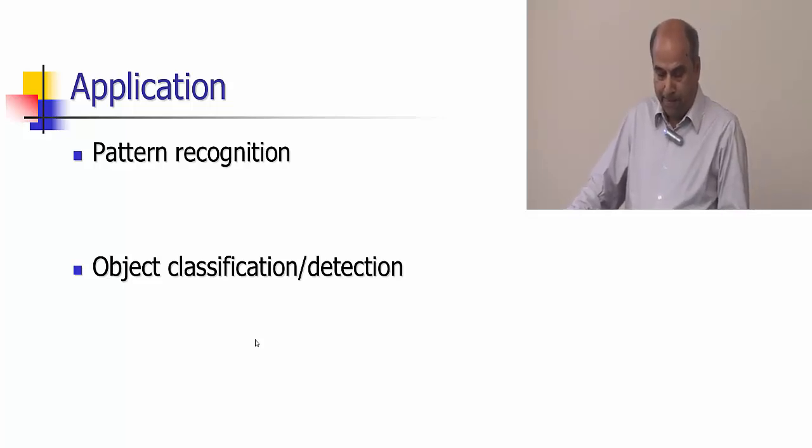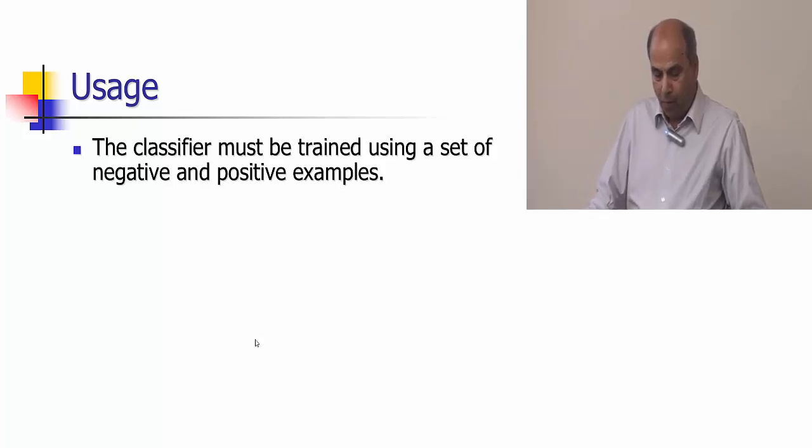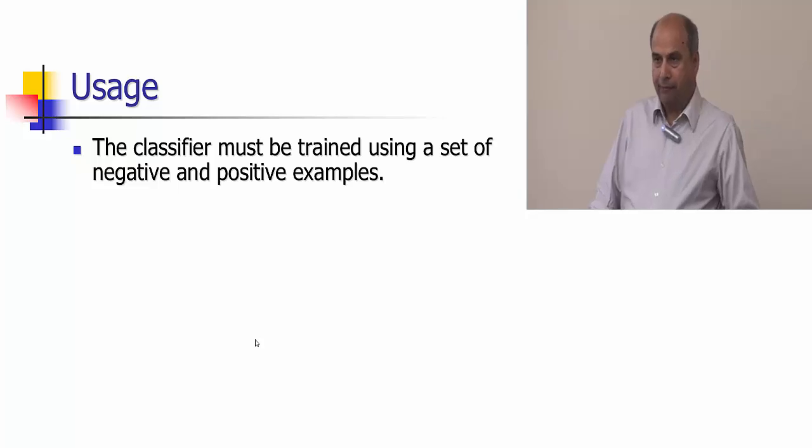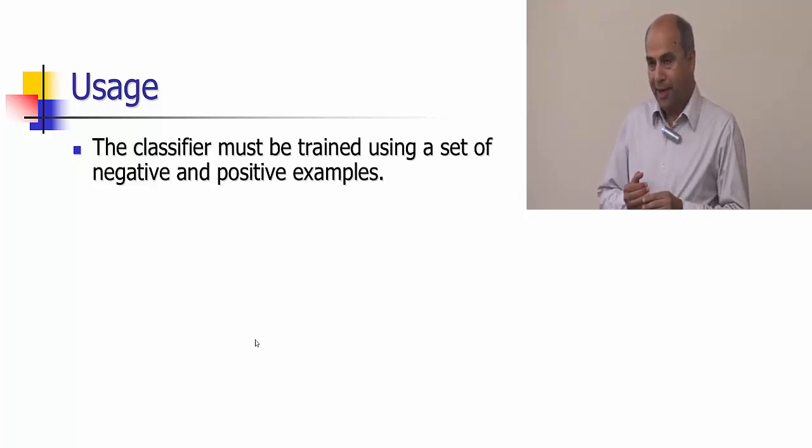It basically works by training a classifier, so it will use some training examples, and it's a discriminative classifier, which means you will have positive examples and negative examples, and it will learn to discriminate between those two.